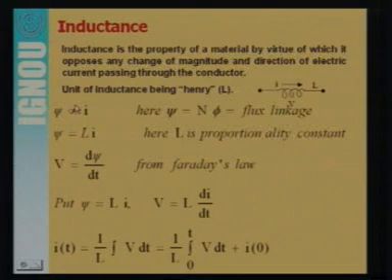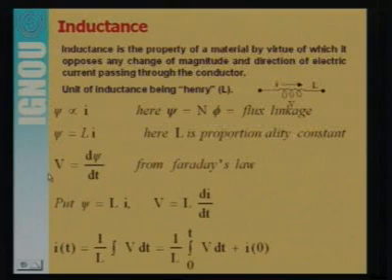Psi is proportional to I, where psi is the flux linkage, denoted by N phi. N is the number of turns in the coil, and phi is the flux associated with one turn. So, the flux linkage is given by L i, where L is the constant of proportionality. When we remove the proportional sign, we can put it equal, and L is constant.